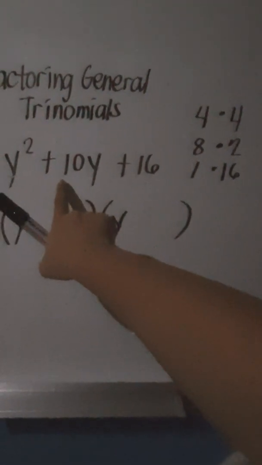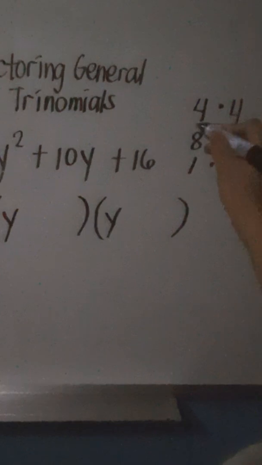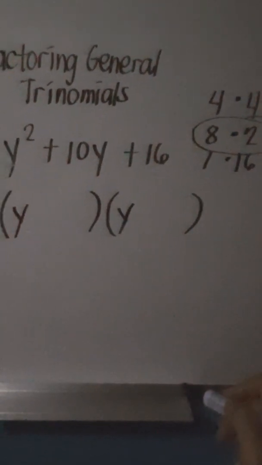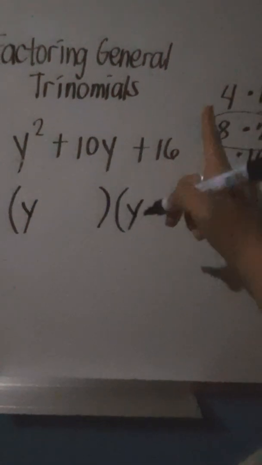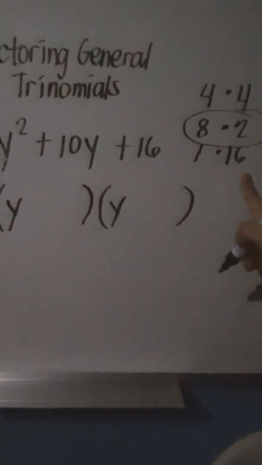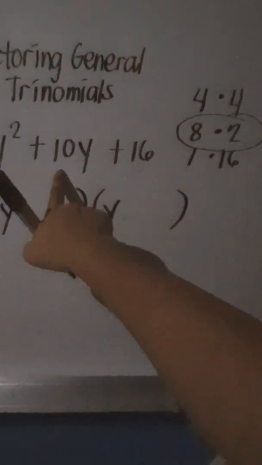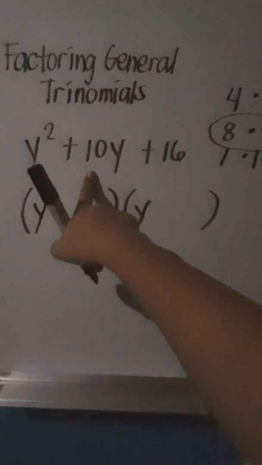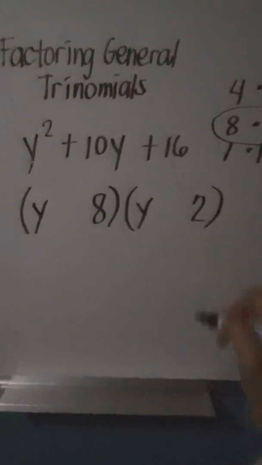Kay 10 man atong middle term, asa kahaanin nilang tulo ang makakuha tag 10. So, the answer is very obvious. We have 8 times 2. So, therefore, ang factors ni 16 na dapat natong gamiton, dili kaning 4 times 4, dili sad kaning 1 times 16, pero kaning 8 times 2 para makakuha ta sa middle term. So, let's put 8 here and 2 here.